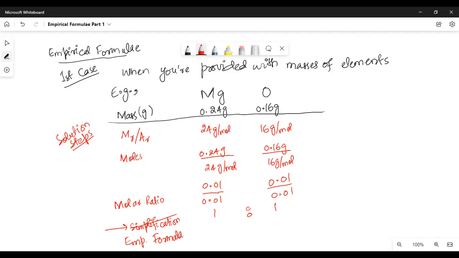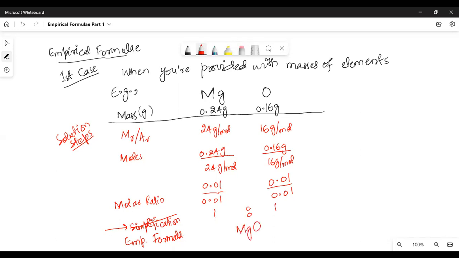writing the empirical formula. And this is probably one of the only places in the entire book, not in the chapter, in the entire book, where we can change the subscript. And this is how we do it.